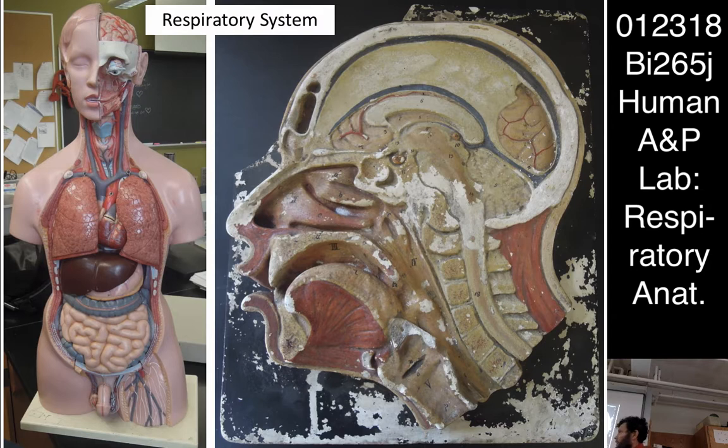Lots of salient anatomy. All right, so let's start walking through the respiratory system. The respiratory system in general is broken up into the upper respiratory system and the lower respiratory system.